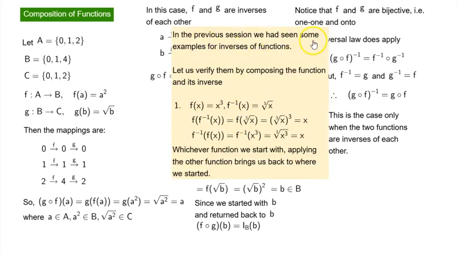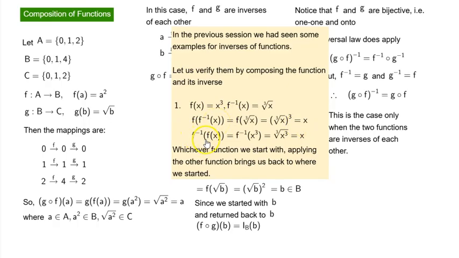Now, in the previous session, we had seen some examples of inverses of functions. Now that we have learned composition of functions, let us verify them by composing the function and its inverse. So we have f of x equal to x cube and f inverse of x equal to cube root of x. So f of f inverse of x is equal to f of cube root of x. f takes the cube root of x and cubes it, giving us back x.